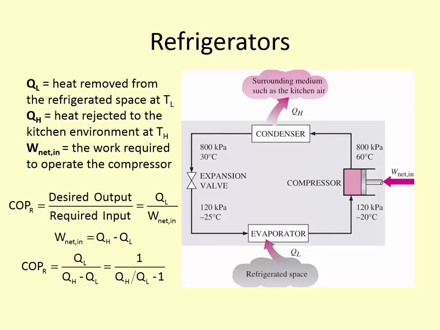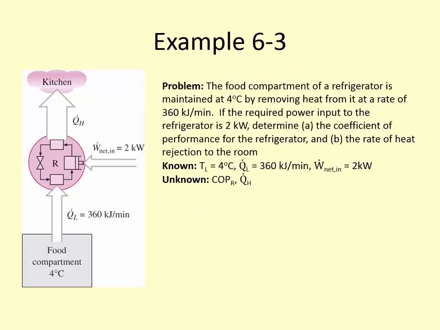So we have to remove heat from the system equal to the amount of heat we're removing from the refrigerated space plus the amount of work that we put into the system. Okay, so those two combine. So we're actually removing more heat from our refrigerator than just what we're removing from the refrigerated space. We also have to take into account the work that we put into the system and how it turns into heat in the condenser. So let's do an example.